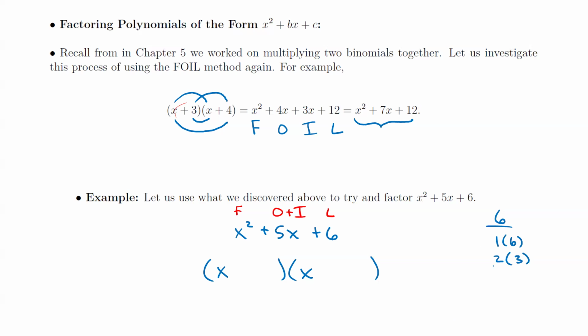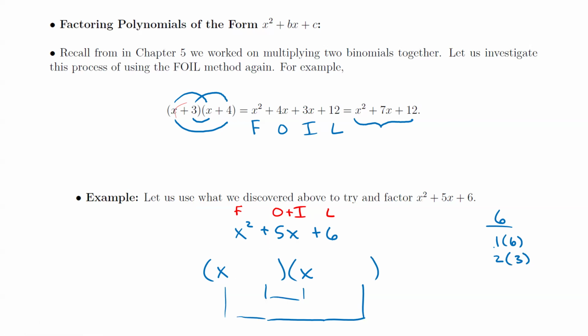And so 1 times 6, 2 times 3, which one's the right choice? Well, understand that whatever number goes in these blank places, it also has to be true that the outside plus the inside, I'm just going to make this diagram here, have to add together in order to make the middle term.